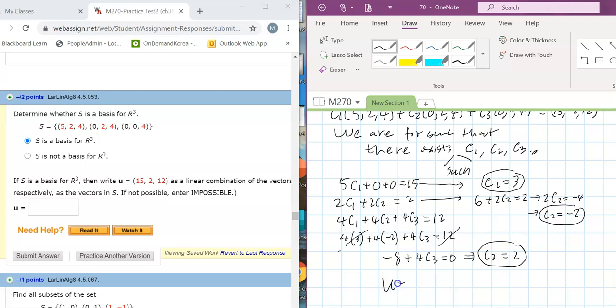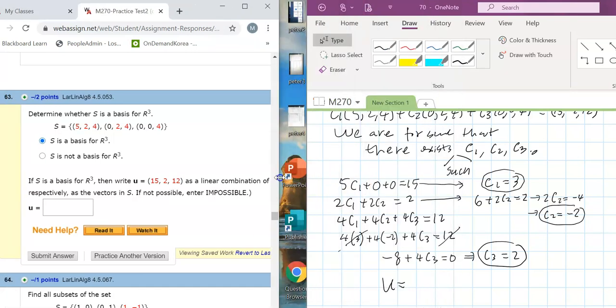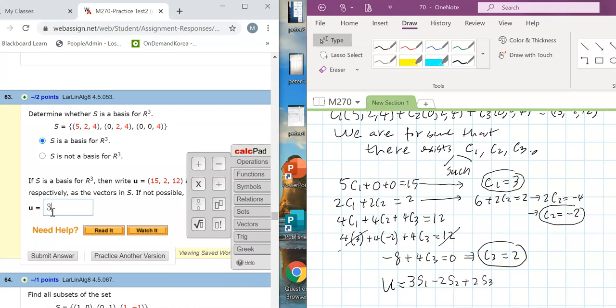So U equals, how do they want us to answer, a certain way, right? S1, S2, S3. So U equals 3S1 minus 2S2 plus 2S3.